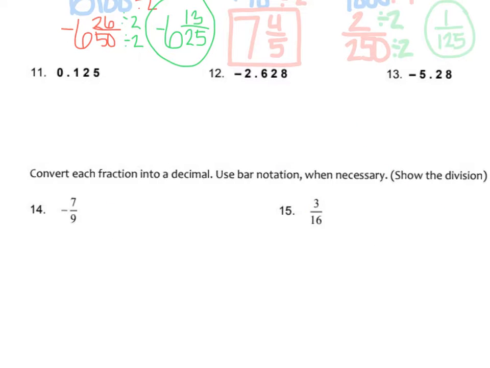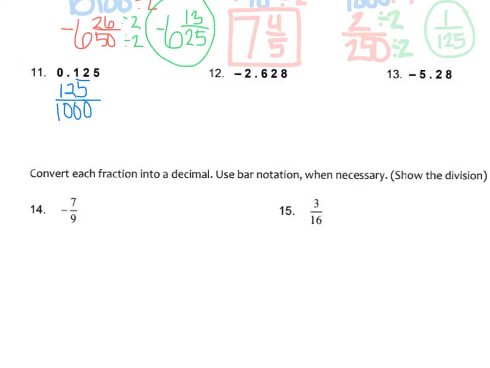Right, next, let's do number 11. So we know we have 125, and that's in the thousandths place. All right.